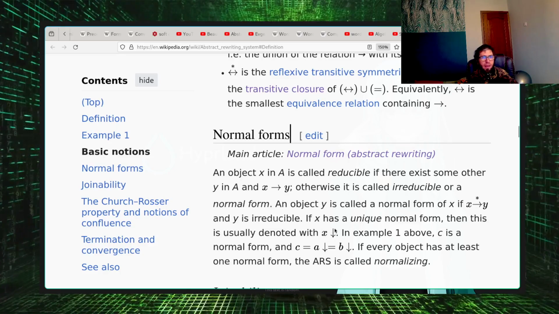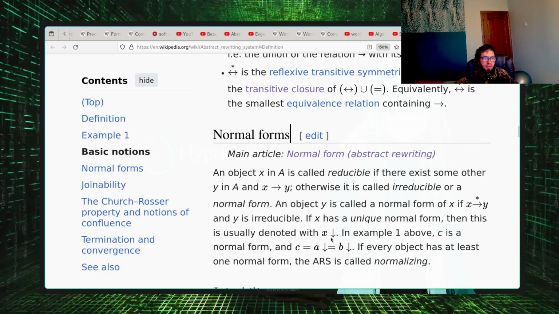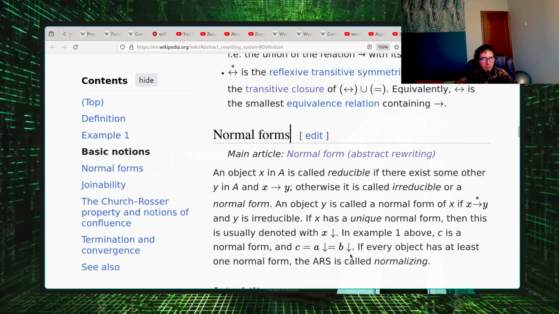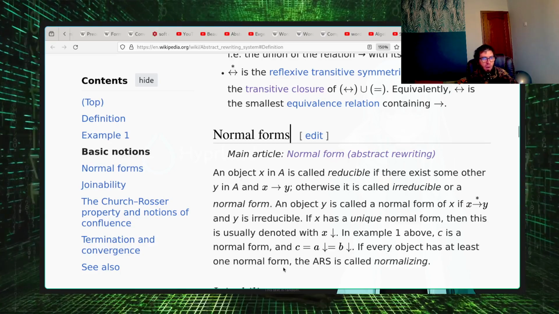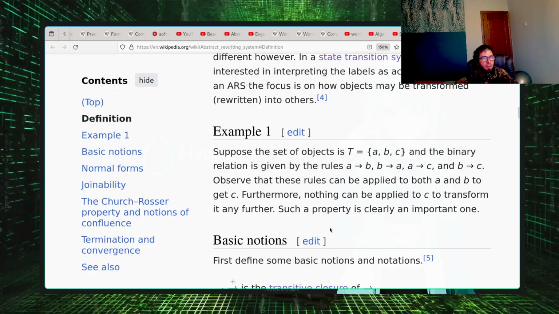Okay, if x has a unique normal form, then this is usually denoted with the x down arrow. In example 1 above, C is the normal form, and C is equal to A down arrow and B down arrow. If every object has at least one normal form, the ARS is called normalizing. Okay, let's remember this example.